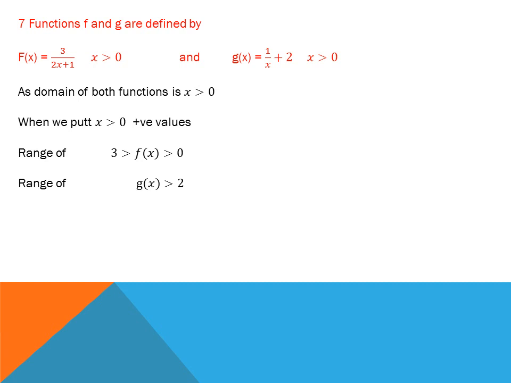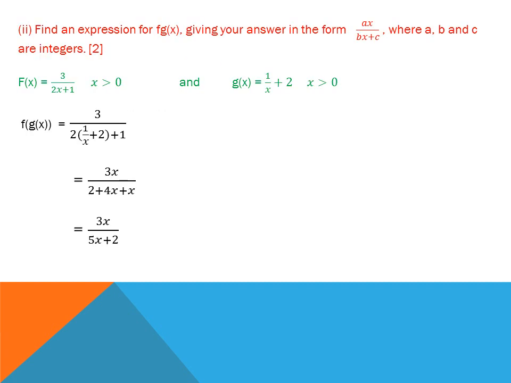So the range of f of x is greater than 0 but less than 3, and the range of g of x is greater than 2, because when I place 1 instead of x, then 1 plus 2 will become 3. If I applied the value 0.1 in place of it, then it should also be greater than 2. So the range of g of x is greater than 2, whether it is 2.1 or something.